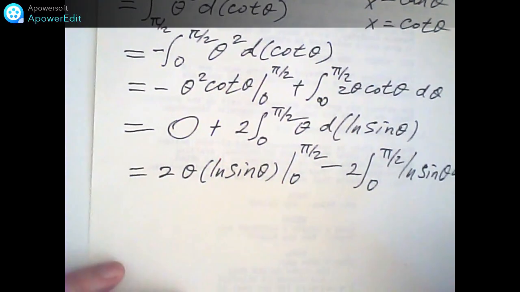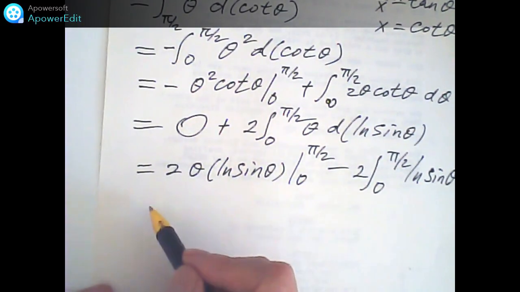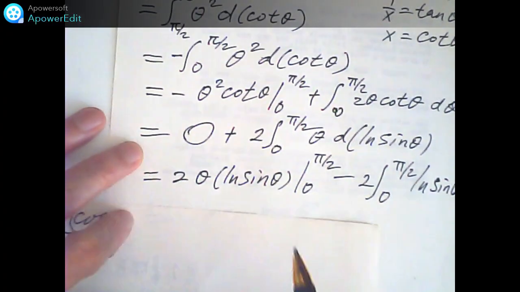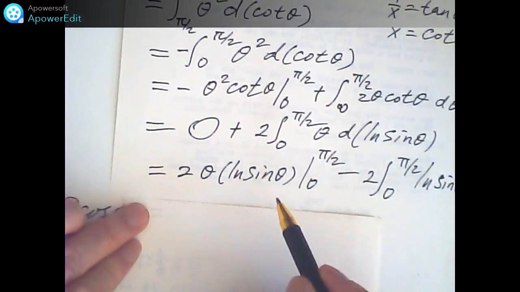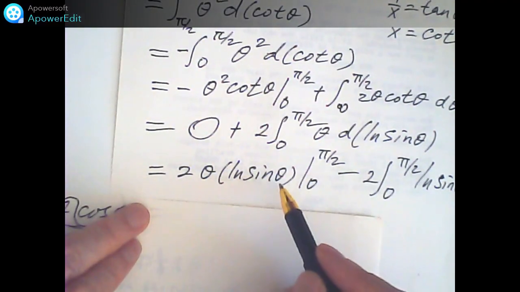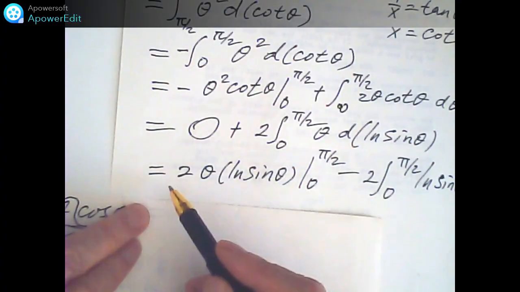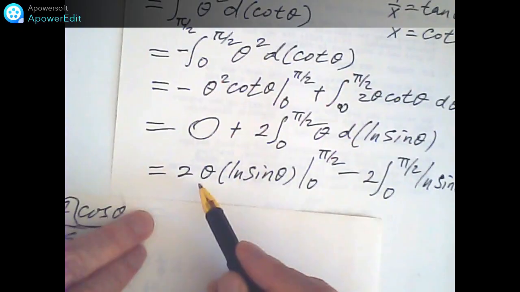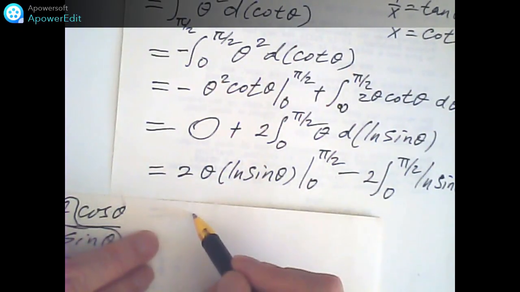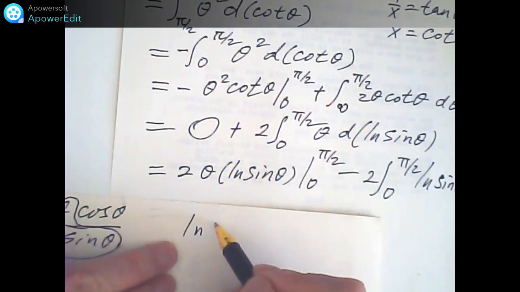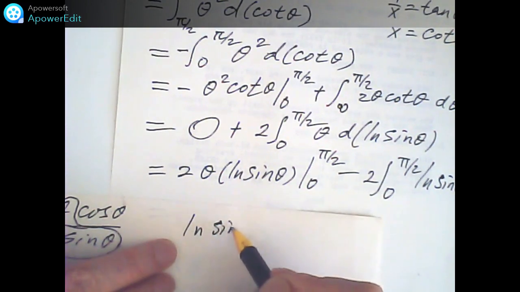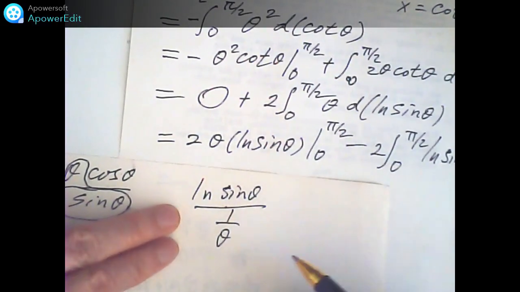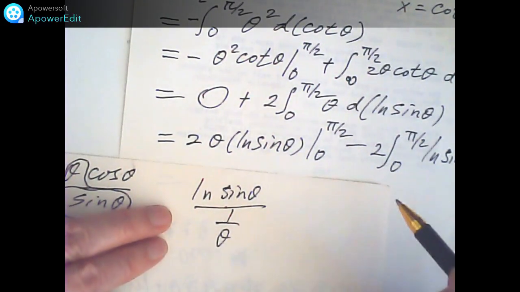Okay. Now this one has a problem again. When theta is half pi, no problem. This is 0. When theta is 0, this is infinity and this is 0. So we have to do something over this, to create the condition for L'Hopital's rule.